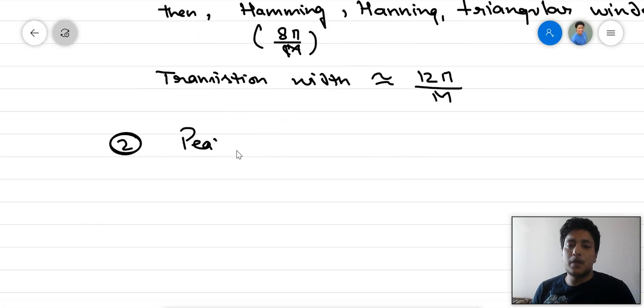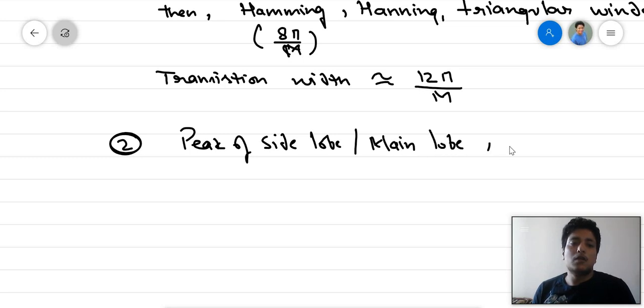Second point, peak of side lobe to main lobe ratio.